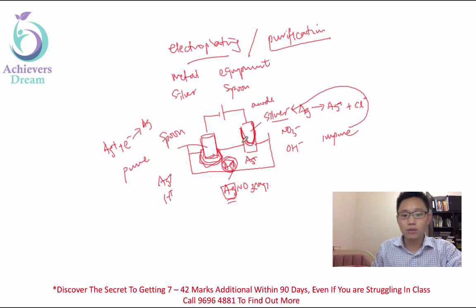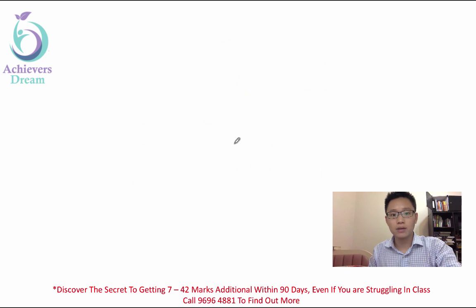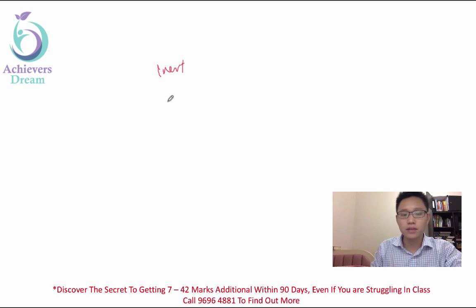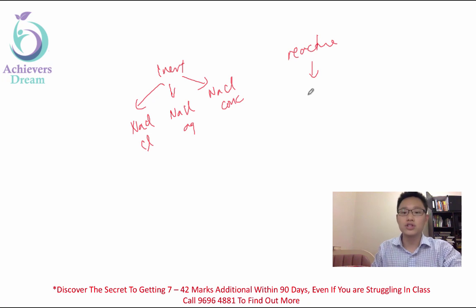So with this, we have pretty much come to the end of electrolysis. I've covered inert electrode with 3 different examples: NaCl molten, NaCl aqueous, NaCl concentrated. I covered a reactive electrode with one example, which is NaCl as well.